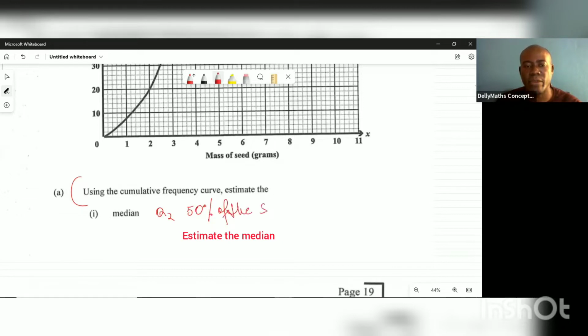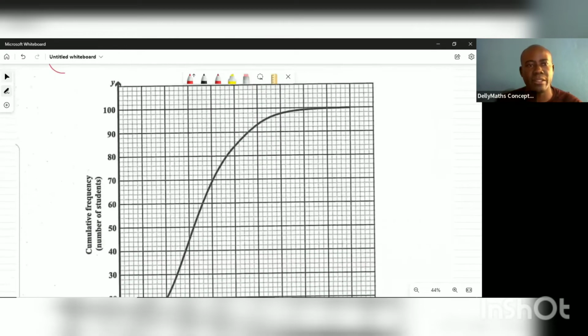If we can find where the 50% margin of the sample is, we will utilize that number to pick up the median, because the median is always the middle, so it's 50%. It is very important to look at the number at the top. This is the total number here, so it's 100. So 50% of 100 is 50.